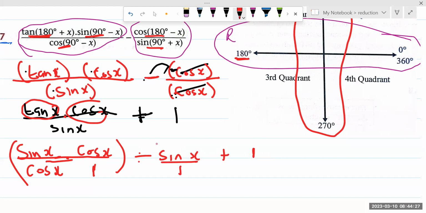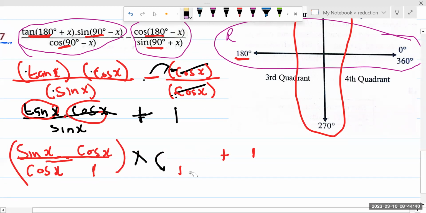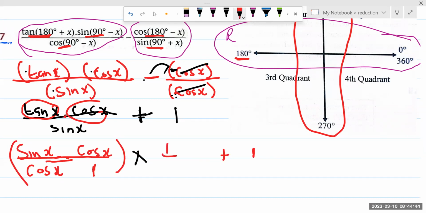This thing here is all over 1. So if we are going to change this division line into a multiplication, then what's going to happen is this. Change this to a multiplication. It says this one goes up, this one goes down. Okay? And then what we're going to have is 1 all over the sine. Okay.